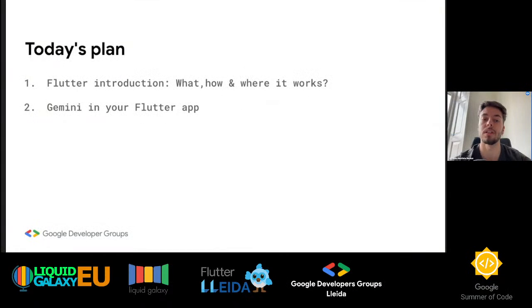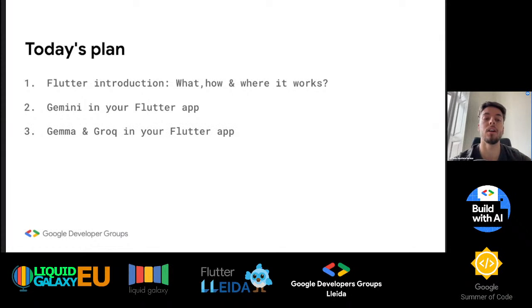For example, Victor presented an introduction about Gemini in your Flutter app. So in this session, we're going to go deeper into how to integrate it in your app, with some tricks and some configuration. So stay tuned. And also we're going to see Gemma and GSoC as a platform to run our LLMs, open source models.